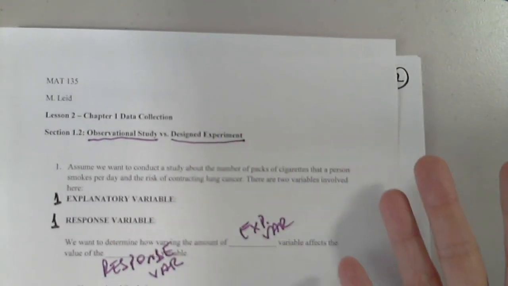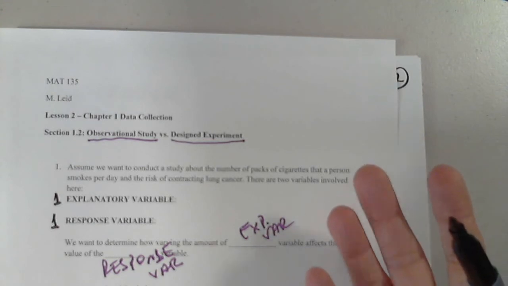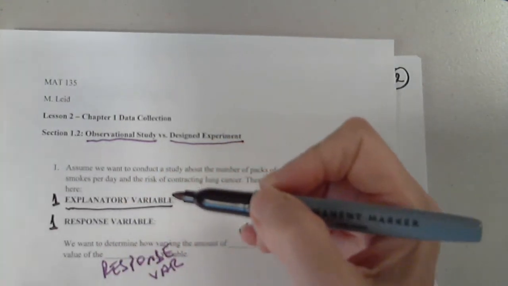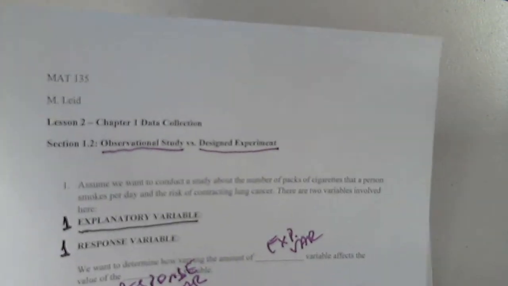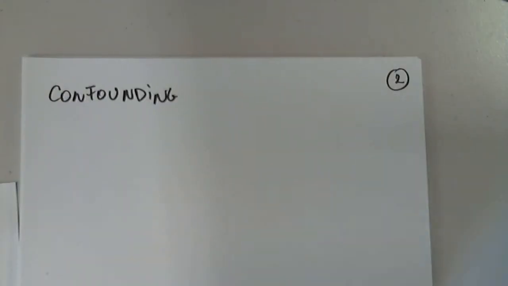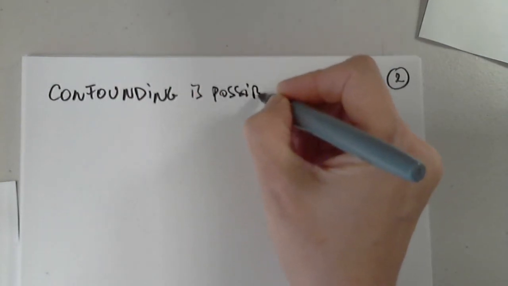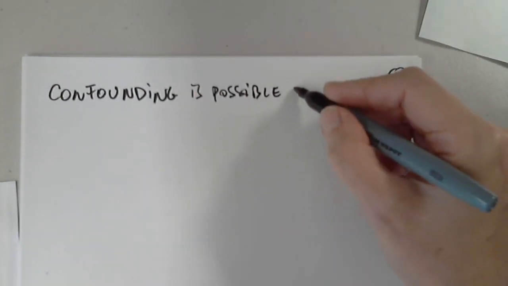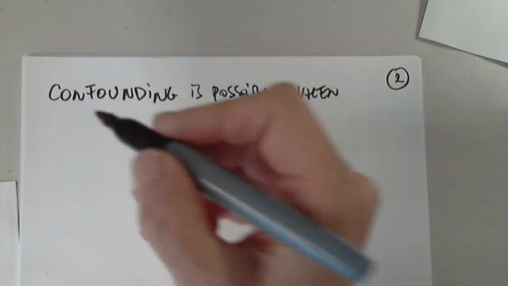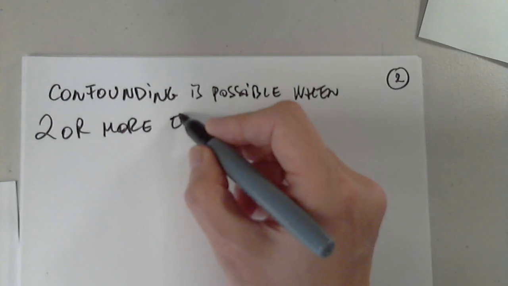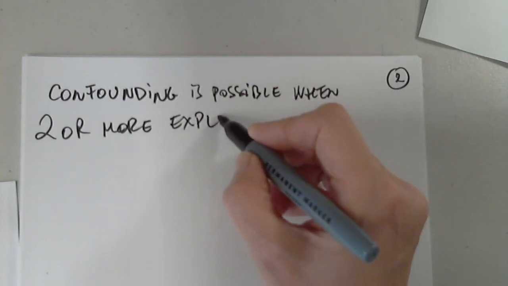There is no possibility of confounding here. But if we have more than one explanatory variable, then confounding is possible. So it is possible when two or more explanatory variables exist.